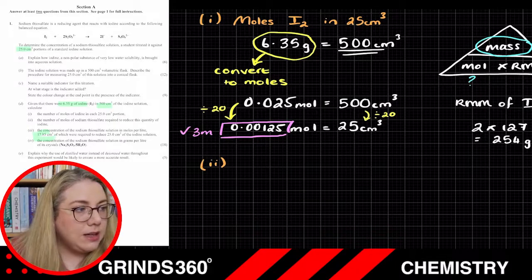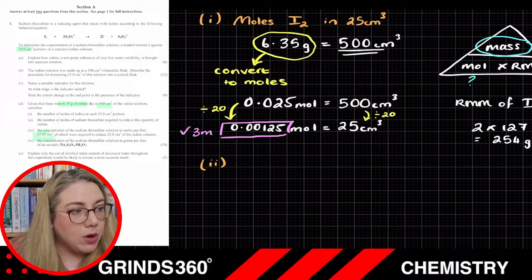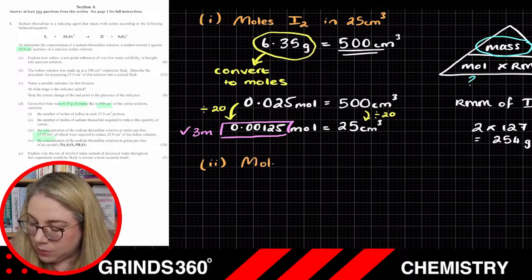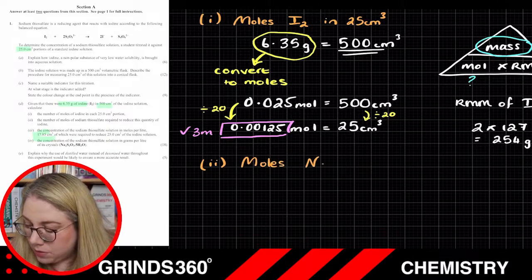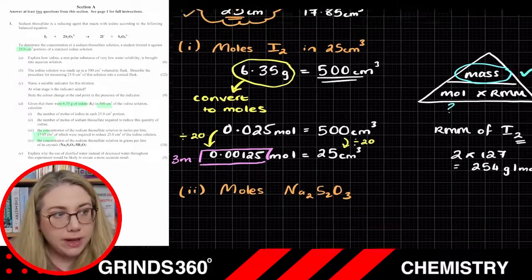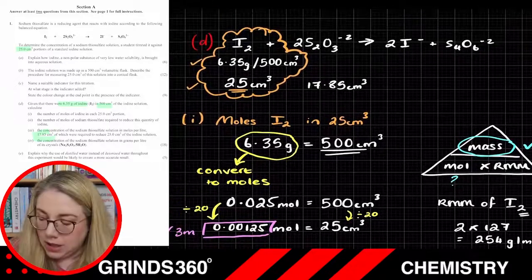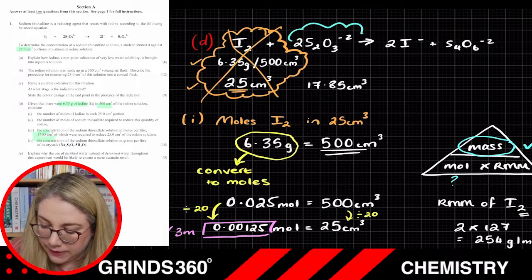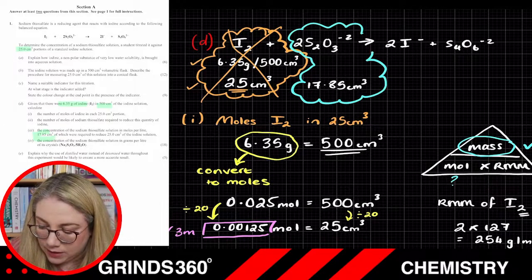Part 2, calculate the number of moles of sodium thiosulfate required to reduce this quantity of iodine. Now we are done with the iodine, now we're moving towards the thiosulfate. So if I go back up here to my balanced equation, we're now finished with this, and now we're over here with the thiosulfate. So now we're looking at this volume.